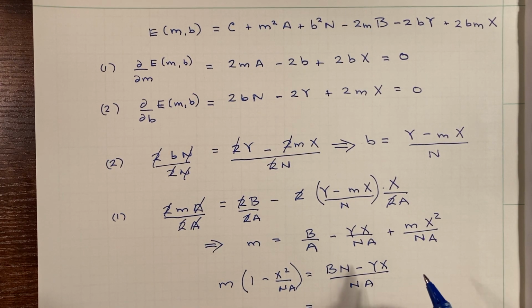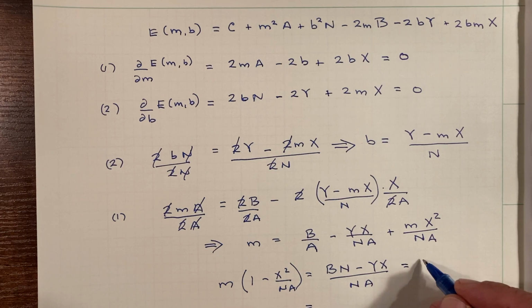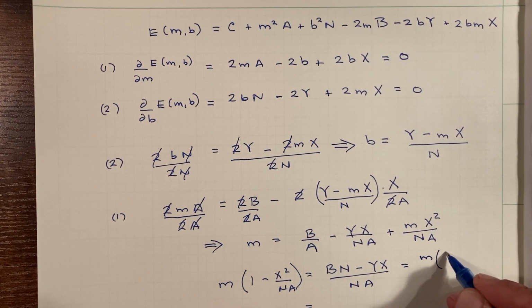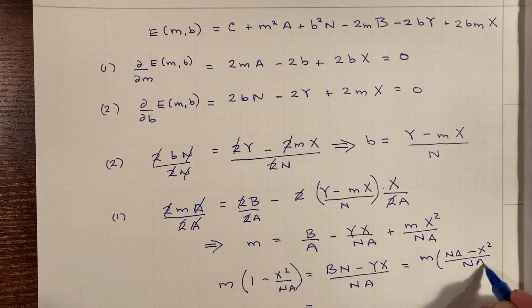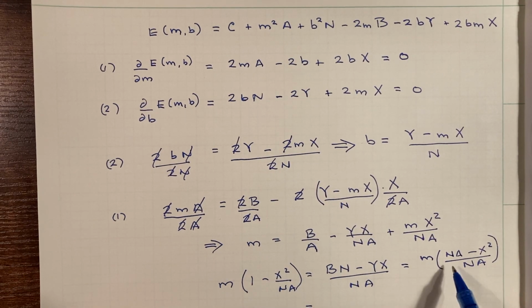well, actually we can say one more step over here. We can say that m times na minus x squared over na. So we just rewrote that step right here.